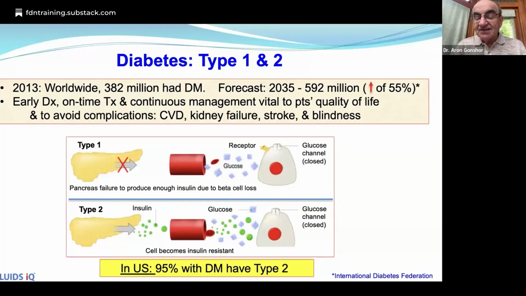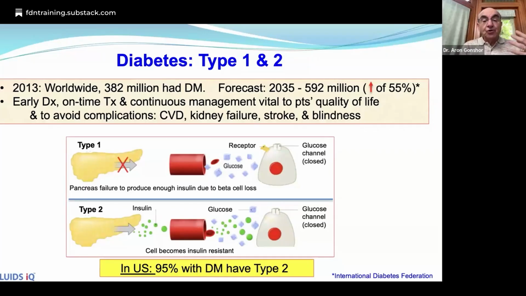It is forecast that in 10 years from now, we are going to be at around 600 million. That's well over a 50% change over really a 20-year period, which is remarkable. It's very hard to even try to contemplate these numbers, and one has to ask, why is that happening?